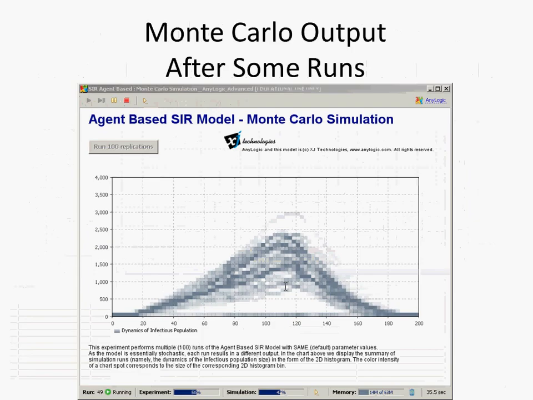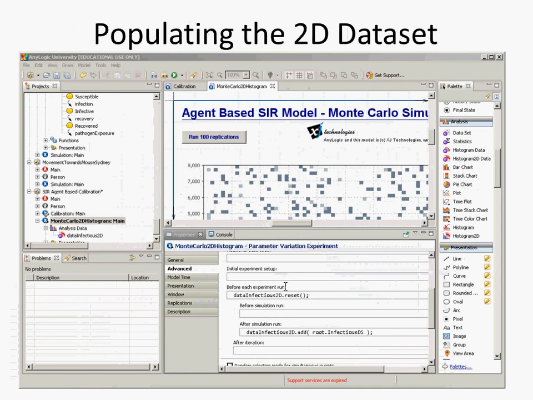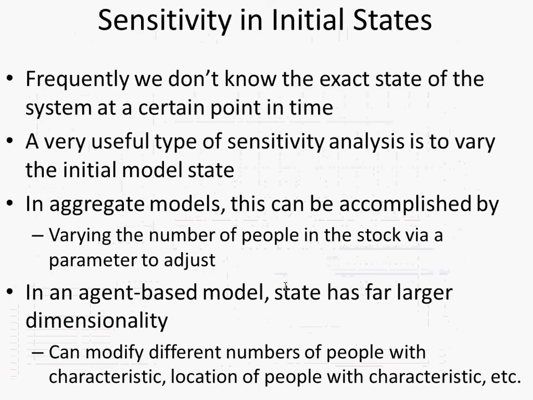I will mention one other thing. There's sometimes sensitivity of a model with respect to initial state. The initial state of a model is one of those points of uncertainty that we'll often bring to bear. What state should we start in? And some models are dissipative, in the sense that information in the initial state is lost over time.